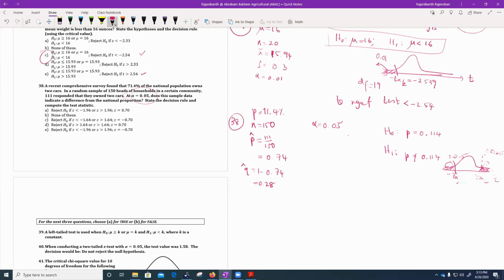So if you look at your negative z alpha over 2, it is inverse norm of 0.025. So you should get negative 1.96. So z alpha over 2 is a positive 1.96. Okay, so everything is here. The question is now, you need to find the critical value. Okay, I know now the critical value. That is this.